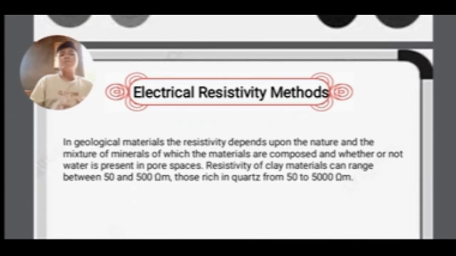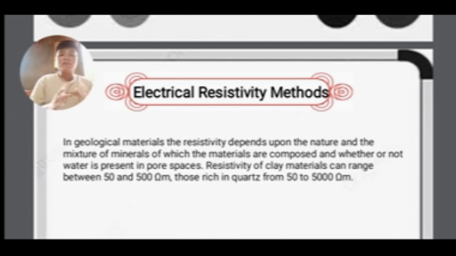In geological materials, resistivity depends upon the nature and mixtures of minerals of which the materials are composed, and whether or not water is present in pore spaces. So the resistivity of clay materials can range between 50 and 500 ohm meters, and those rich in quartz also 50 to 500 ohm meters.